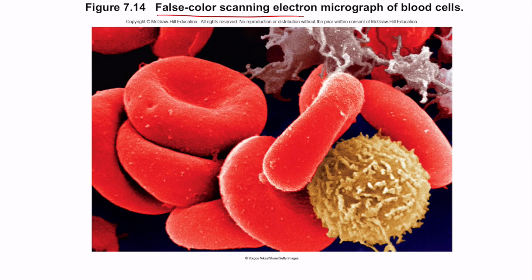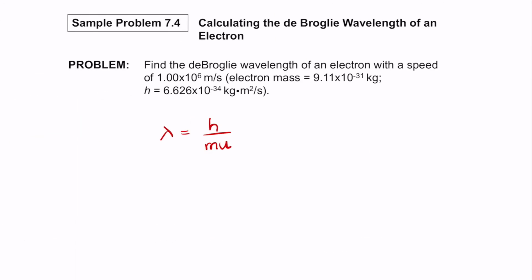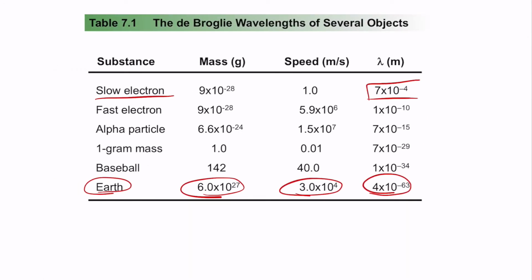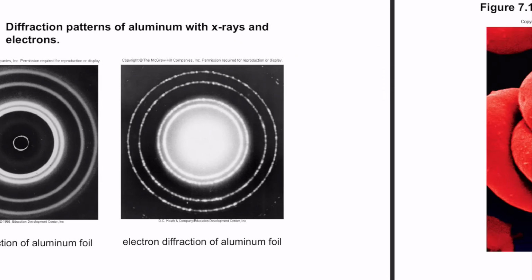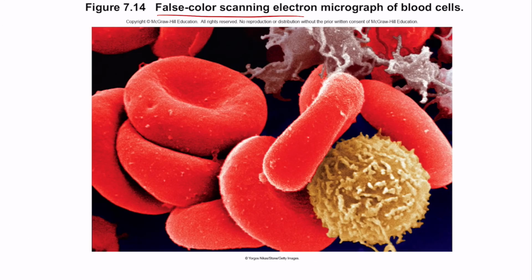And because of the wavelength range that fast electrons can operate in, we can use these to look at really detailed images of objects. So this is an example of electron microscopy.